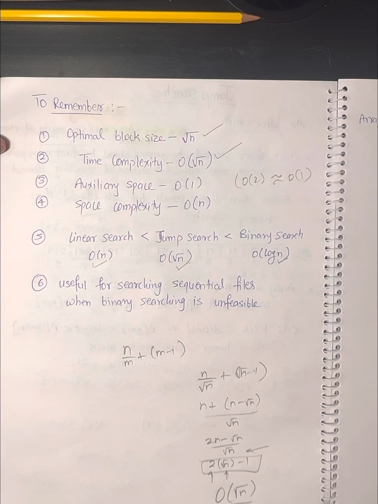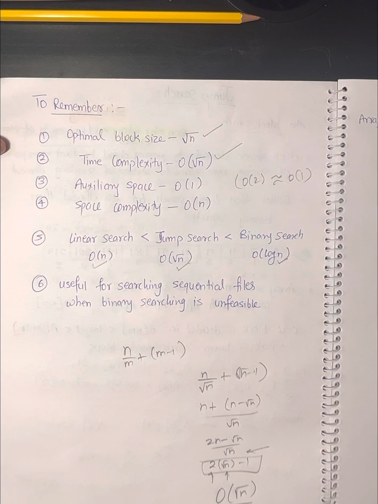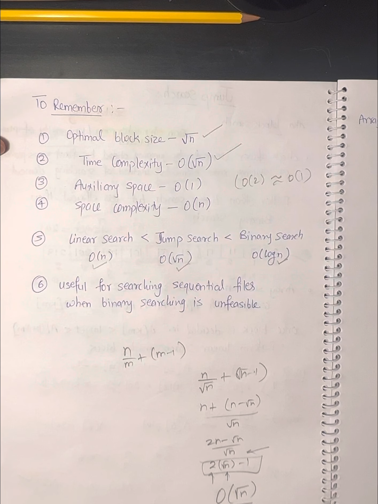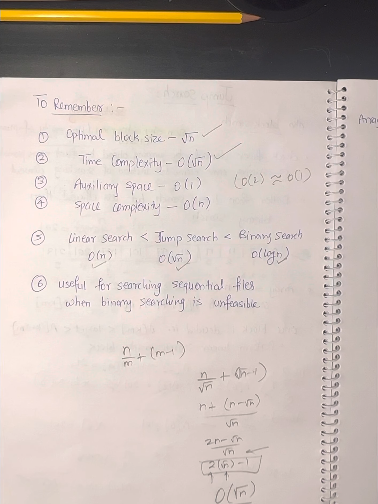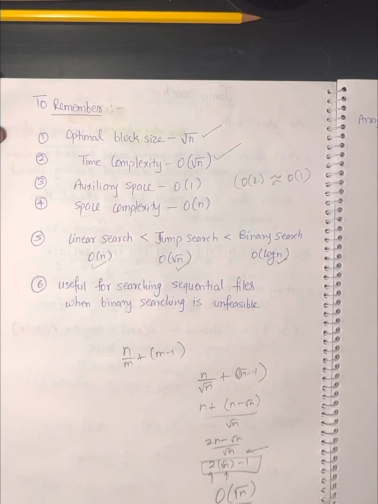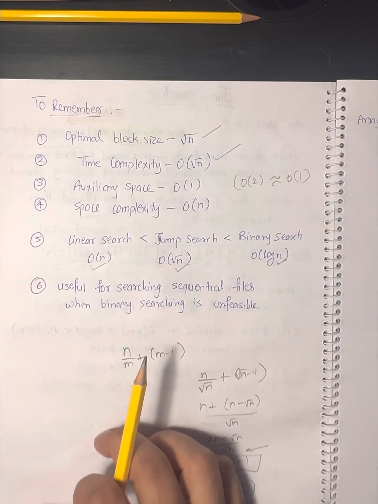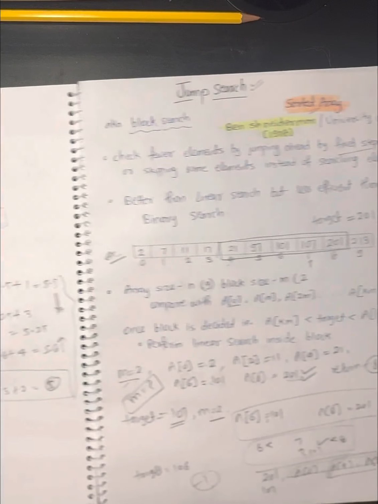Basically we can divide our data in multiple blocks, then take those blocks in the RAM, then we check the last index of that block if the value is existing in this block or not, or skip that block. So rather than comparing all the values, we can load some values inside RAM, we compare them and then process. That would be much better and feasible to implement rather than binary search algorithm. So that's why jump search algorithm is needed.